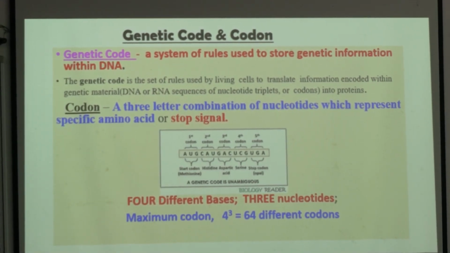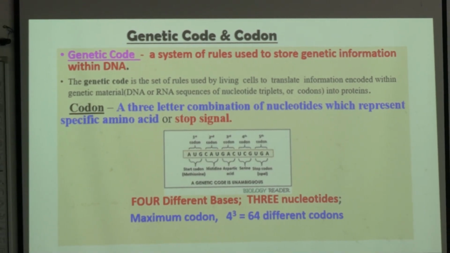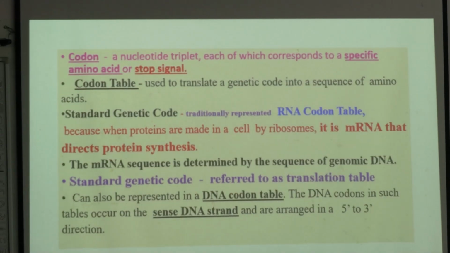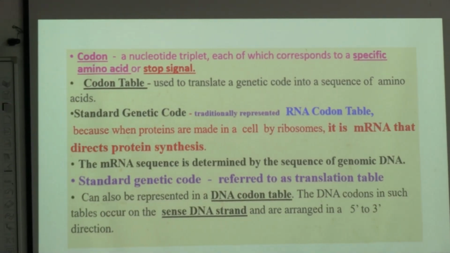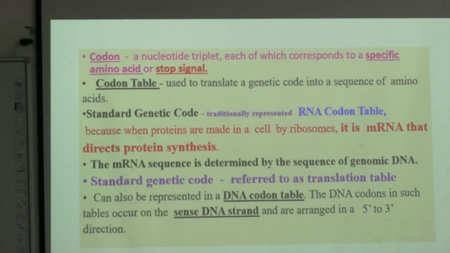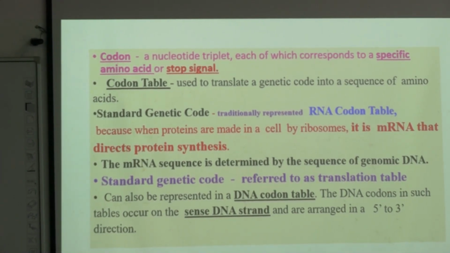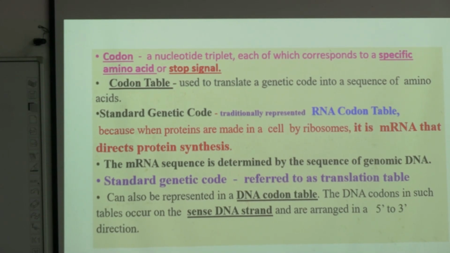So, 61 codons are there and 20 amino acids. So, there must be overlapping. As I told you, a codon is basically a triplet codon. Either it signals a stop codon or a specific amino acid.